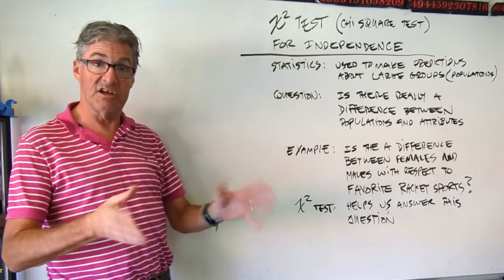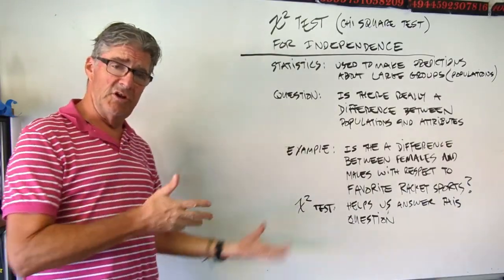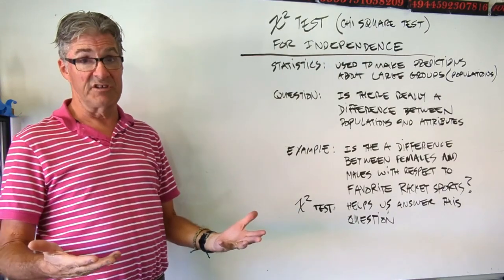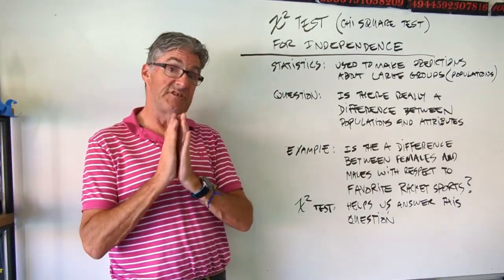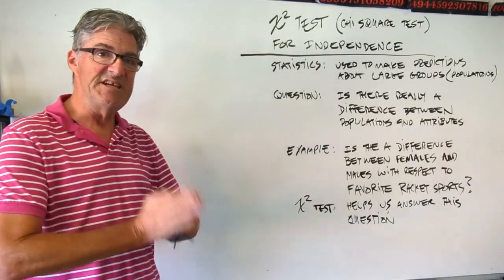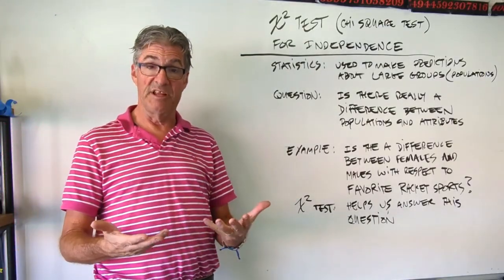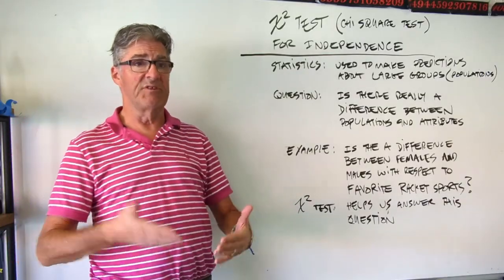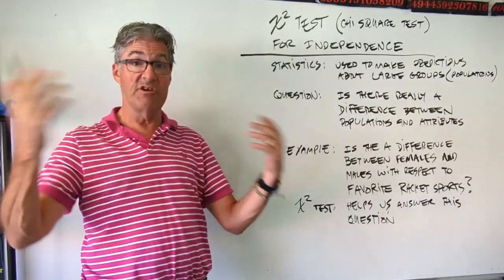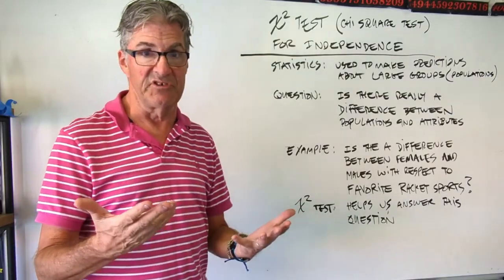Okay, so let's put a context in this and talk about specifically what it's going to do. Then we're going to do a little vocabulary. Then we're going to do a calculation. Okay, so statistics. One of the uses of statistics is to make predictions about large groups or populations. So for example, maybe we want to make a prediction about what the average high schooler in the United States feels about, say, rap music.